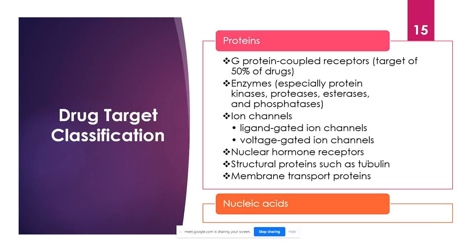And while targeting the receptor, the drug that you have doesn't have to cross the cell membrane, because there are some ligands that fail to cross the cell membrane. You have to be extra cautious to design a ligand that can cross the cell membrane.